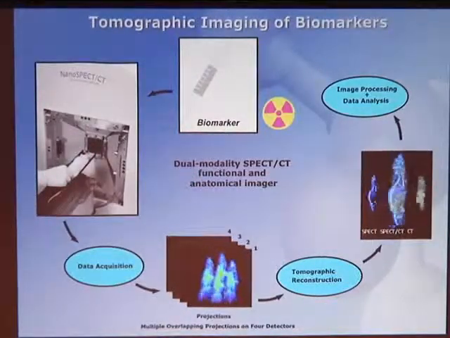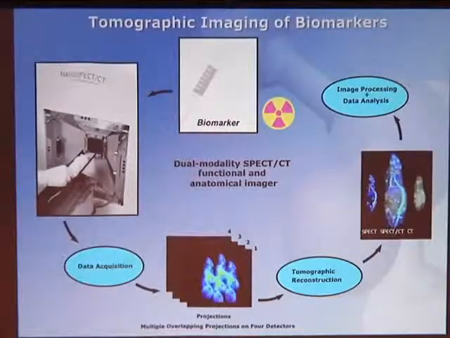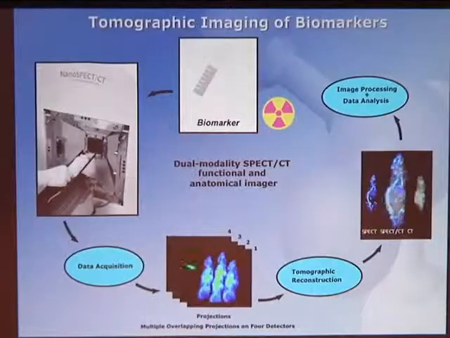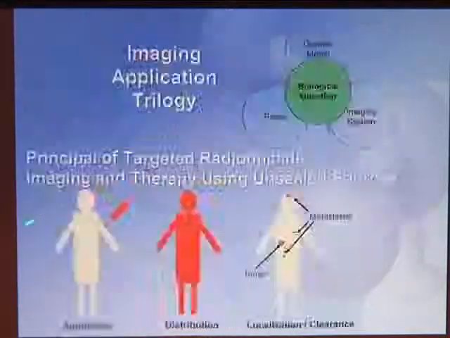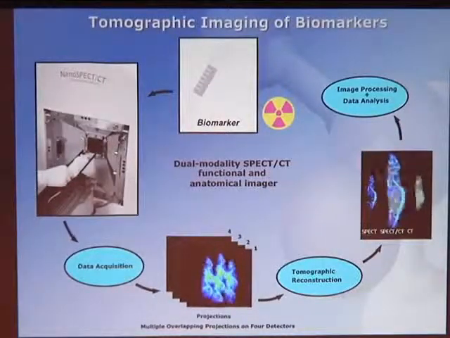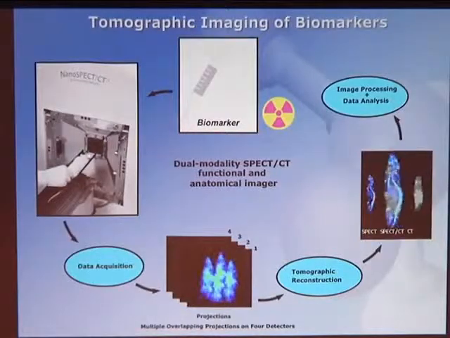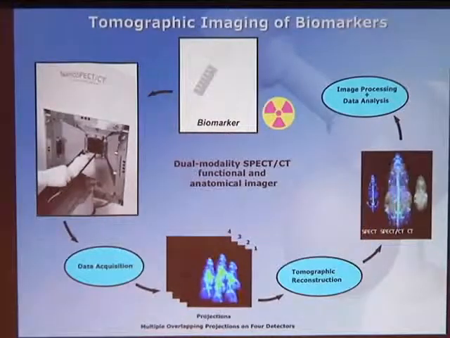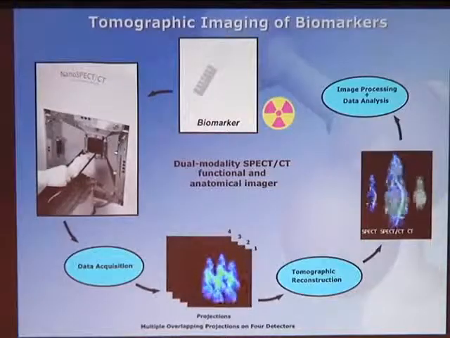So this is complicated, but there's some hope, and that is that Avid was just acquired by Lilly for $800 million on the basis of AV45, which is a PIB-like compound for imaging the neurofibrillary tangles and plaques that are associated with Alzheimer's.